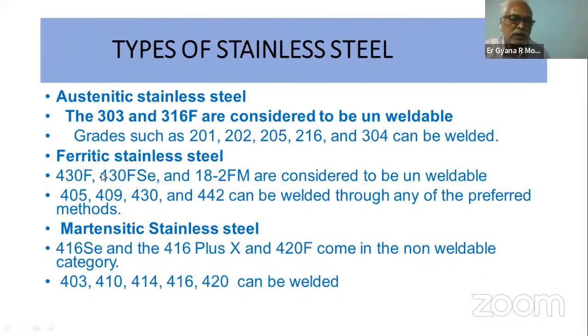So what are austenitic stainless steels and how weldable are they? Austenitic stainless steel is what we will mostly use in bridges, not ferritic or martensitic steel. As I said, 303 and 304 are considered weldable, and so most bridges are likely to be done with AISI 304.